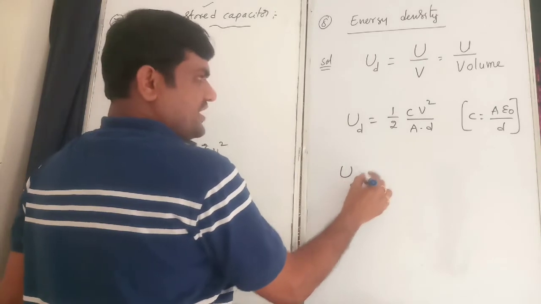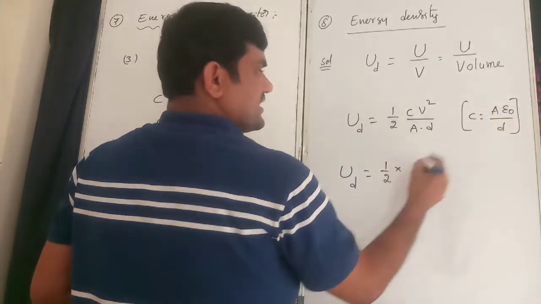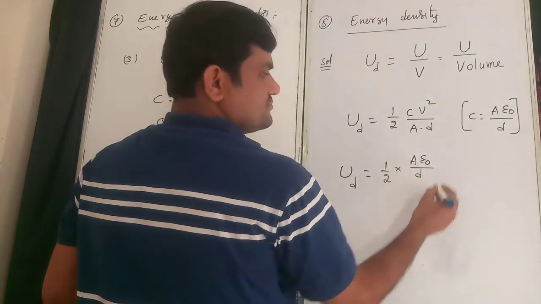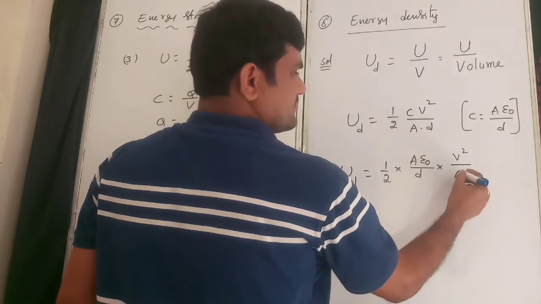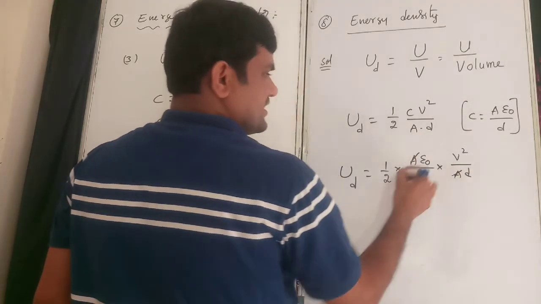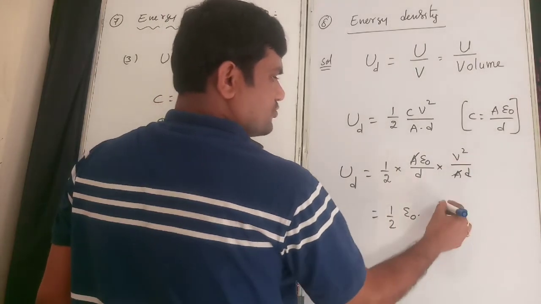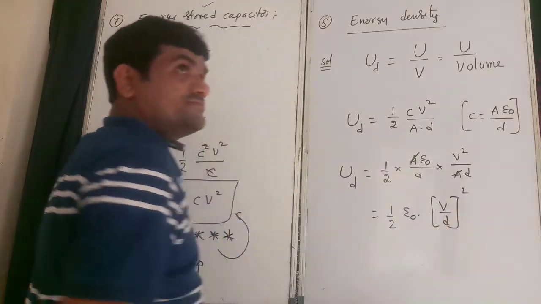Therefore, UD is equal to 1 by 2 into C value A epsilon naught divided by D into V square by AD. So A, A get cancelled. Therefore, 1 by 2 epsilon naught into V by D whole square.